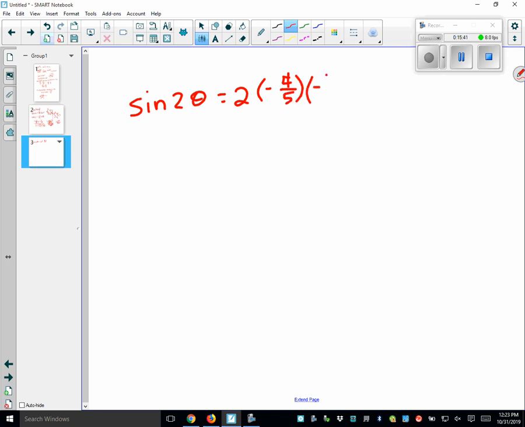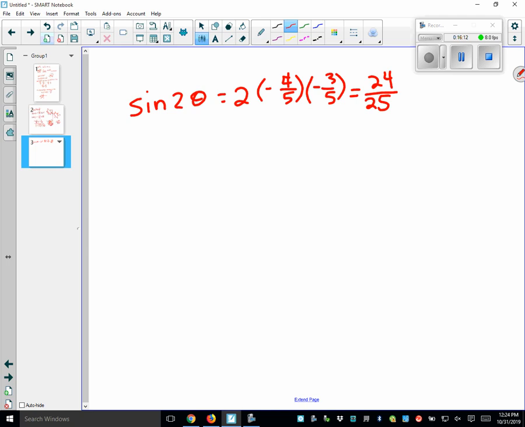Negative 3/5. I think it's 24 over 25. Yeah, that's sine of 2 theta. That's it. Yes.